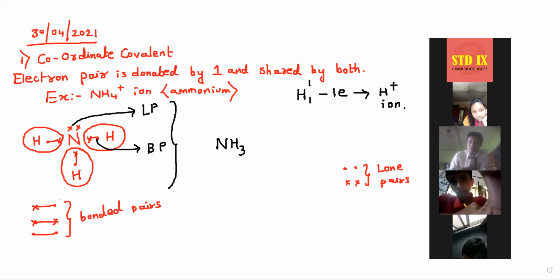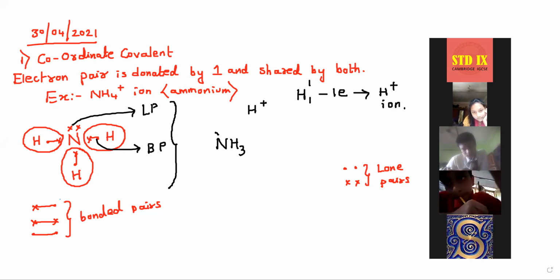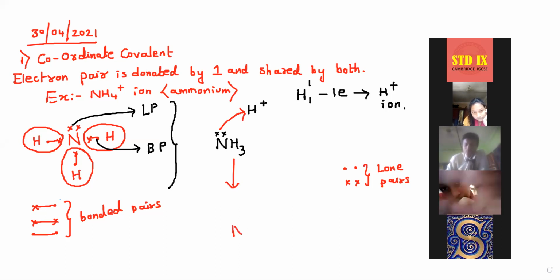Now, if by chance this H plus ion comes near NH3, we already know that nitrogen is having a lone pair from the previous diagram. So this lone pair will be forwarded to the H plus ion. The next step will be something like this: N, to the right one H, to the left one H, below one H, and above we are having H plus.